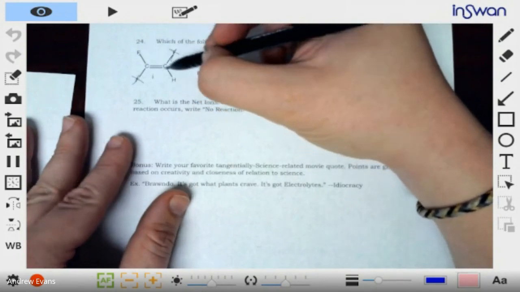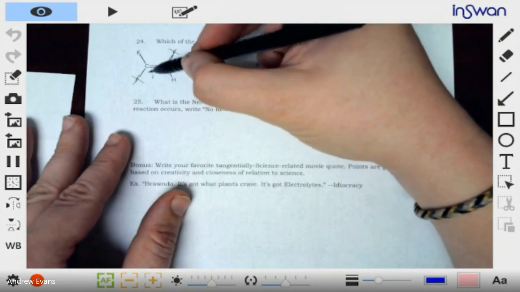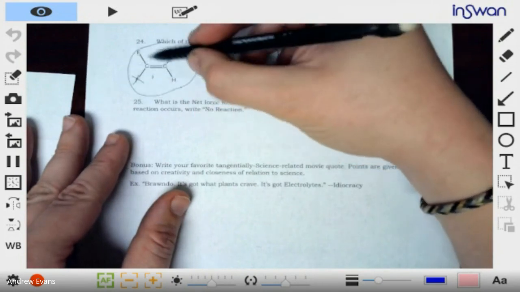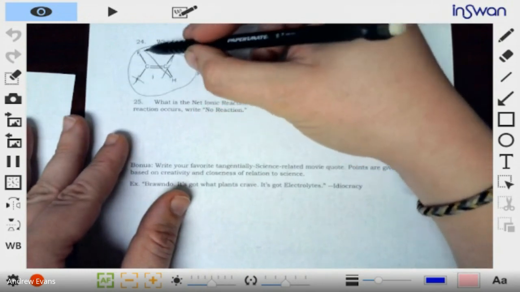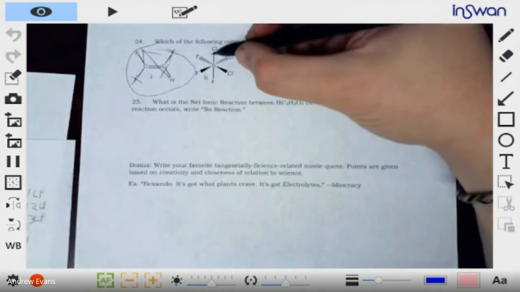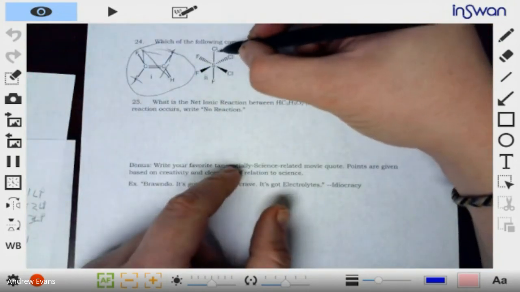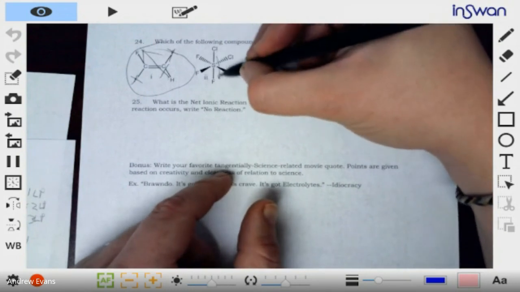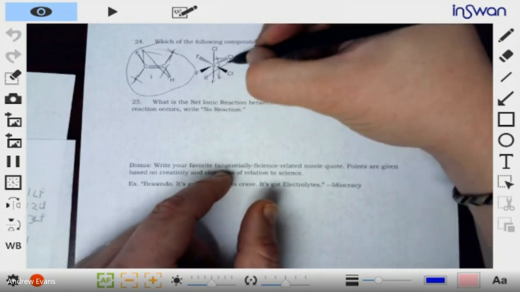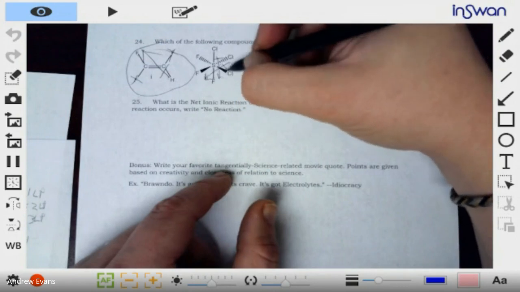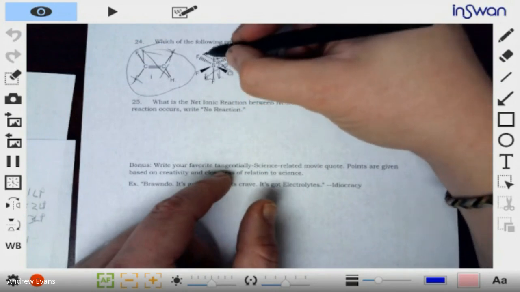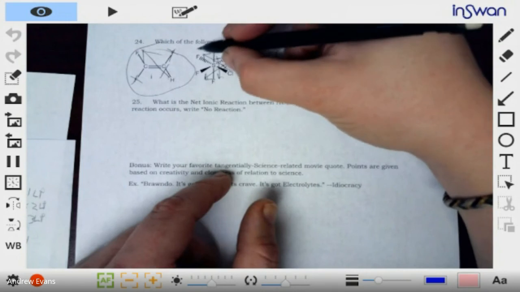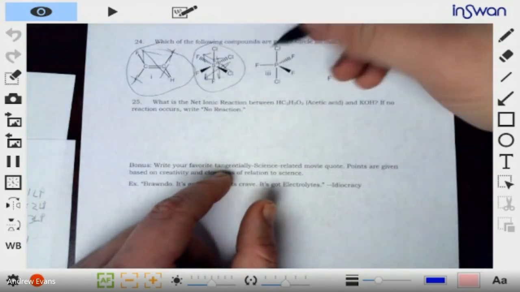The answer is no. So this one is polar. We have 3 chlorines and 3 fluorines, but each of these guys are polar in itself. They do not cancel out. It's a non-polar shape, but because all the atoms are different, we have a bunch of polar bonds.